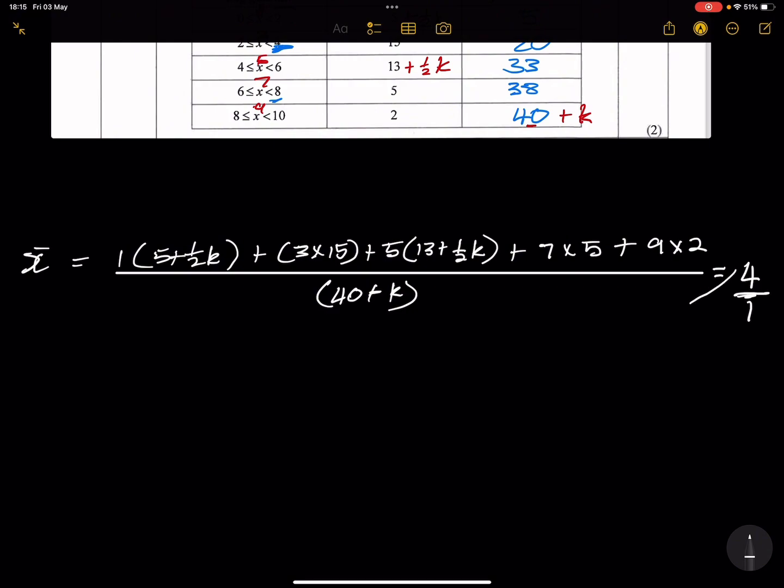If we cross multiply, let's start dealing with what's at the top. I've got 5 plus half of k.